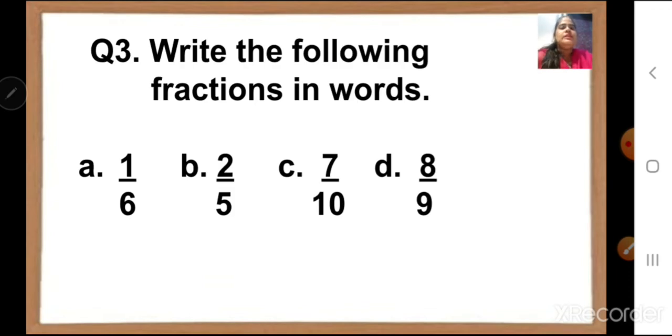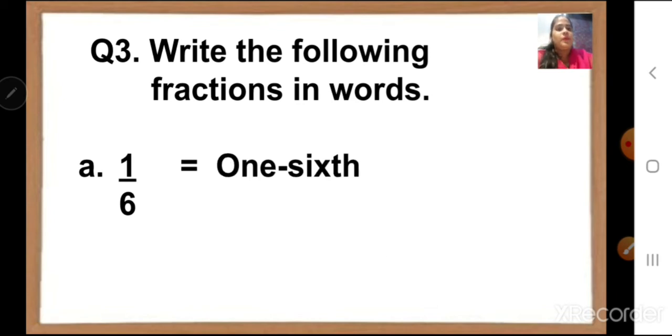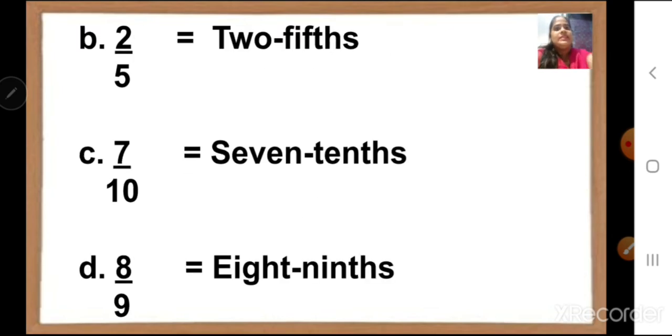Next one is write the following fractions in words. They have given us in numbers. We have to write in words. Okay. Now A1 is 1/6. Write the correct spelling, children. Second one is 2/5.